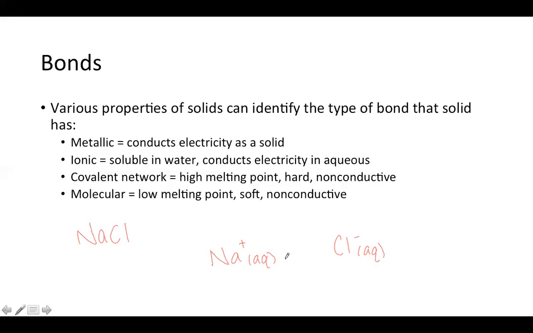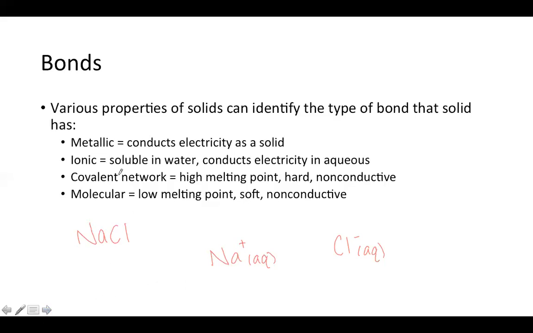You would then be able to identify that if it's not conducting electricity as a solid, it can't be metallic, but it is soluble in water, so that tells us it's probably ionic. And if it conducts electricity in water, that's definitely going to tell us it's ionic.